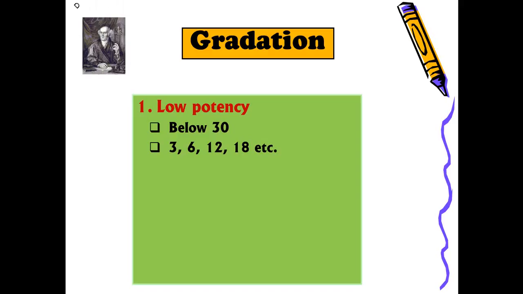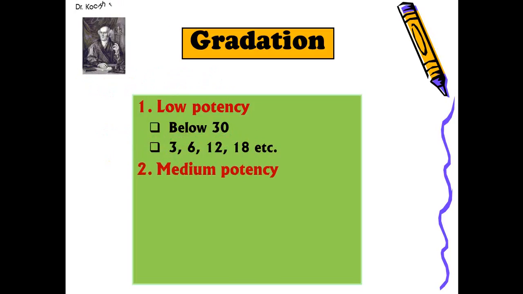But Avogadro's number is 12, so instead of telling like that, we say below 30. So below 30 is 3, 6, 12 and 18. These are the potencies which are found in Calcutta. But commonly 6 potency is available, 12 and 18 are not all available. So below 30 is 6 potency.